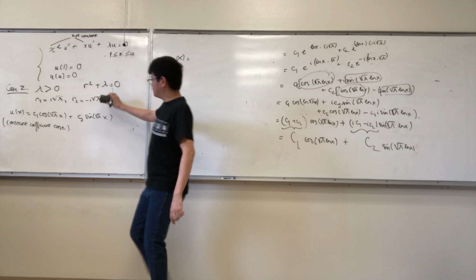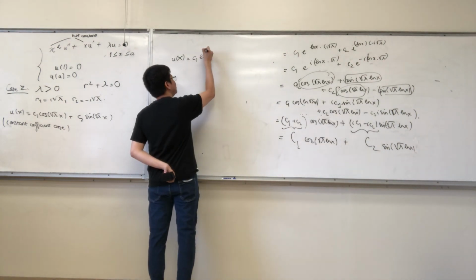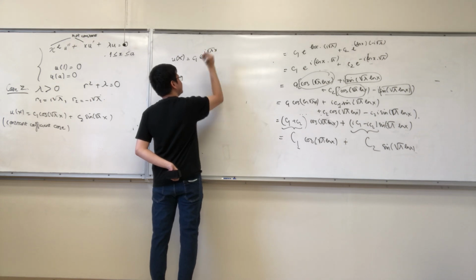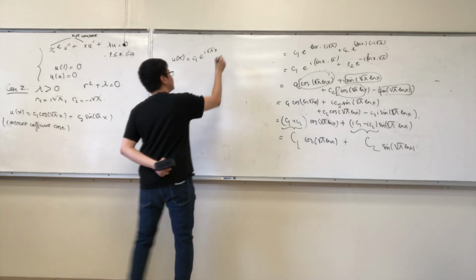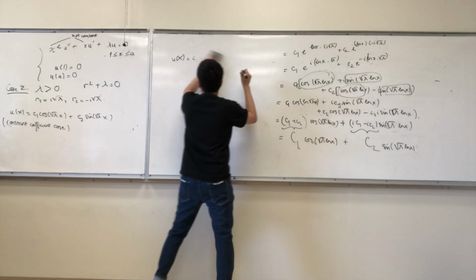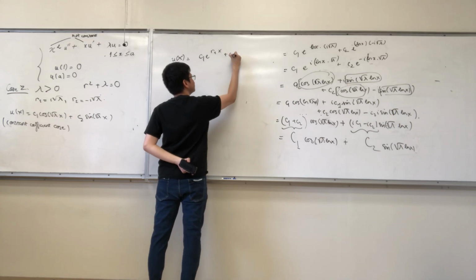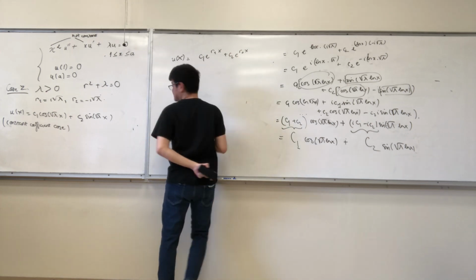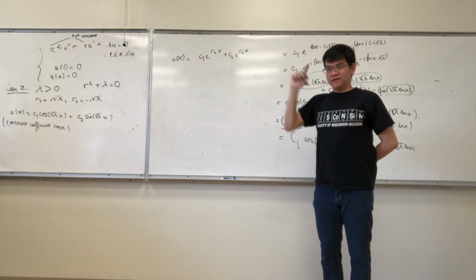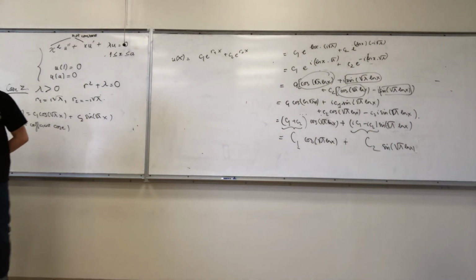And just from here to here, you go through the same mechanism, because here you have C1 e to the I square root lambda x, right? Plus C2. Let me go slowly. So in that case, you have C1 x plus C2 e to the 2x, right? In the constant coefficient case, instead of polynomial, you have exponential.